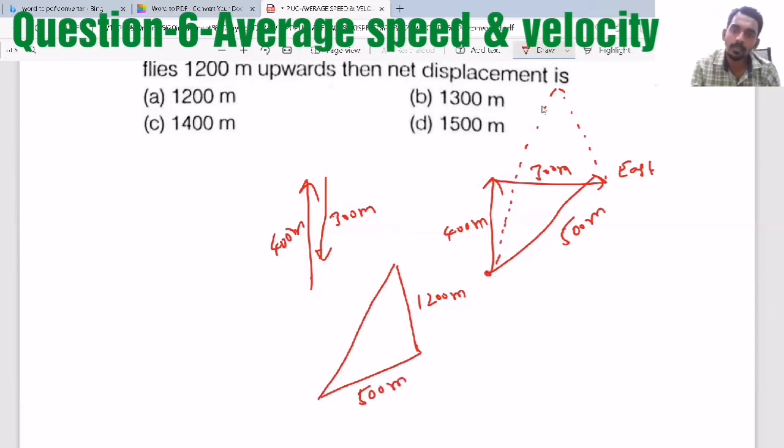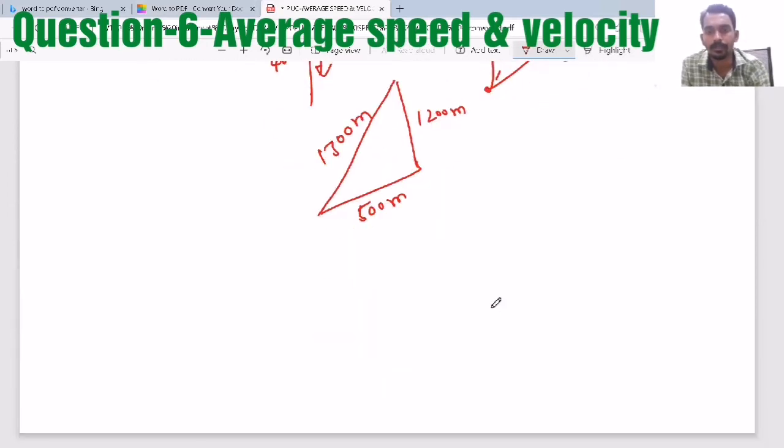Now this is the initial position, this is the final position. This will become again Pythagoras theorem. If you apply, this will become 1300 meters. So that's why I'm telling you should know a little geometry or mathematics. Then only you can solve the questions related to this.